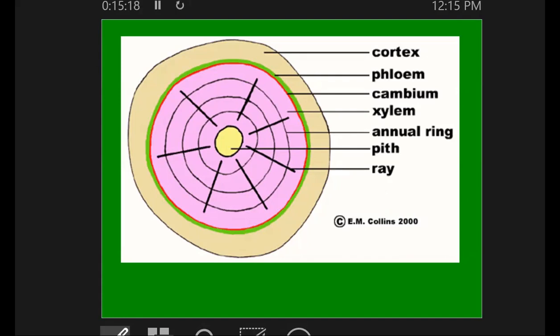Where you see way more xylem compared to the phloem, even though I just told you a few minutes ago, every time the vascular cambium divides, it produces xylem to the left, or to the inside, phloem to the outside. So you would think there'd be even-steven amounts, right, of xylem and phloem.